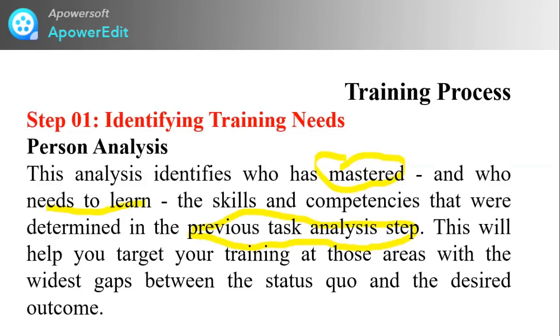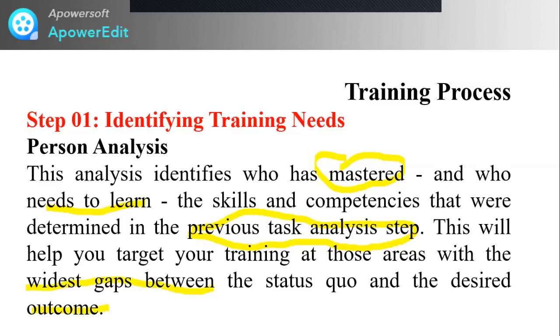This will help you target your training at those areas with the widest gap between the status quo and the desired outcome. What are the expected outcome and the current situation?